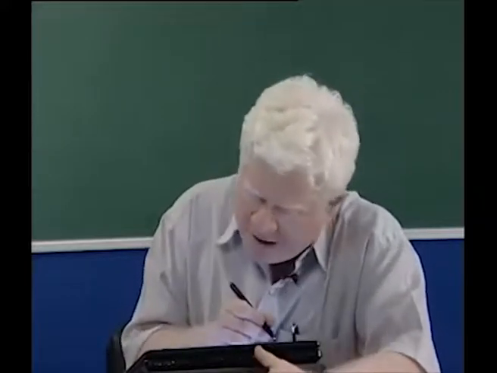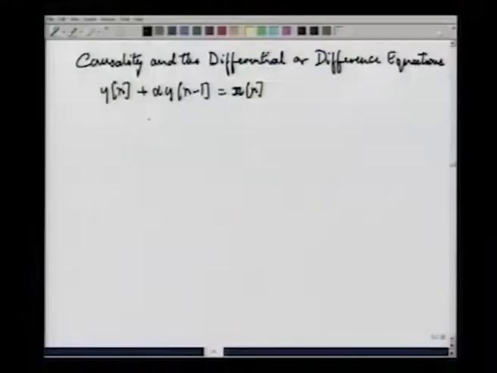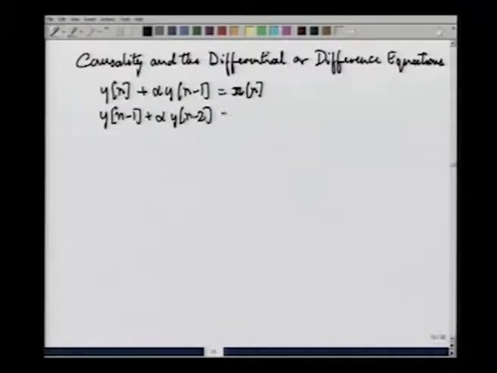Thus, for example, if y n plus alpha y n minus 1 equals x n, we are perfectly right in writing y n minus 1 plus alpha y n minus 2 equals x n minus 1, and so on. We could write this for whatever amount of time shift we wanted, we could rewrite the equation like this and it would still be valid. All right.